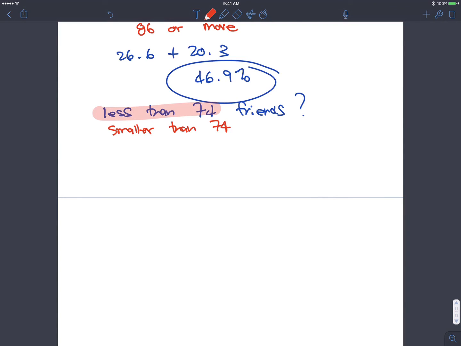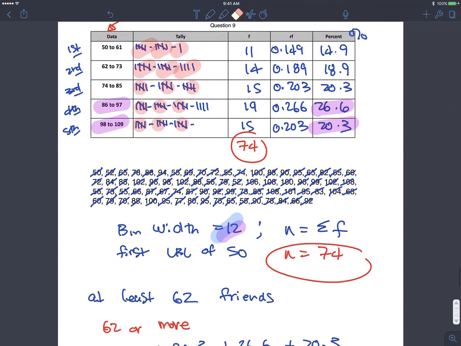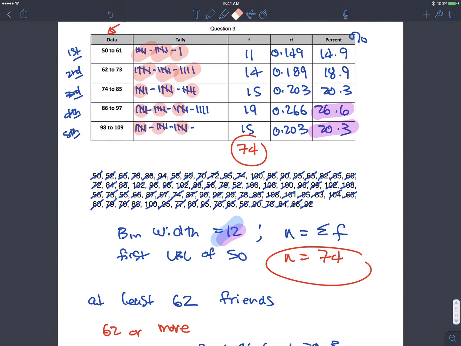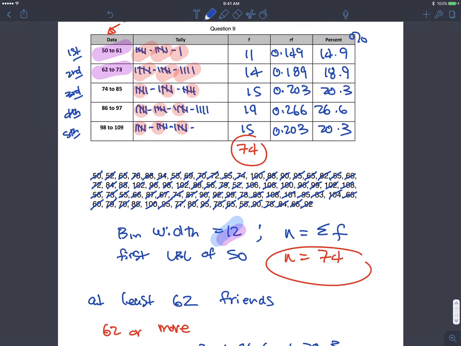So let's look at the bins that hold data values smaller than 74: bin 2 and bin 3, the values 50 to 73.